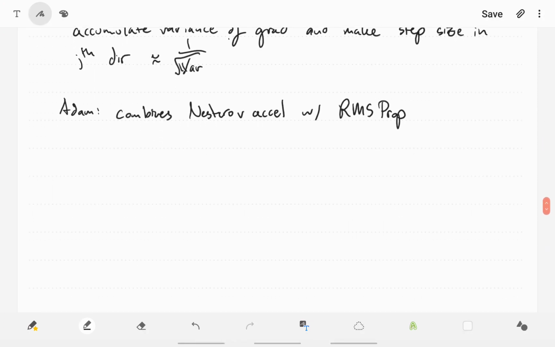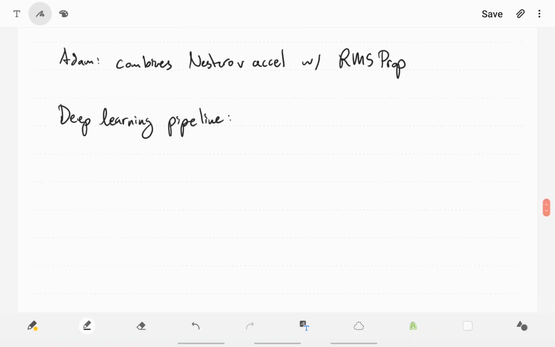Okay, so now our deep learning pipeline. The basic idea for a deep learning pipeline is first we need to specify our neural net architecture. So let's recap.